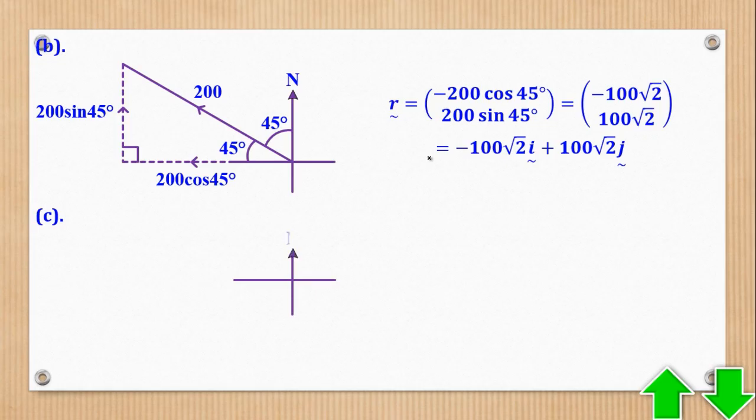So what about part C? Part C still we are given magnitude and direction. So this is 60, remaining part will be 30 to make the 90 degrees. So this time horizontally will be to the left, vertically will be downward. So let's complete that.